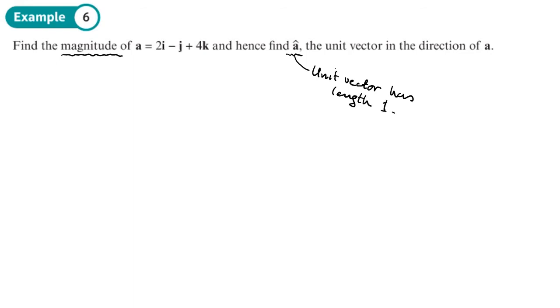Well, if you have a vector, if you divide it by its length, then you get a vector of length 1 which is in the same direction. So you preserve its direction, you change its length.